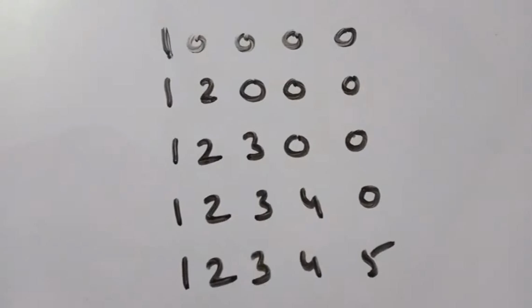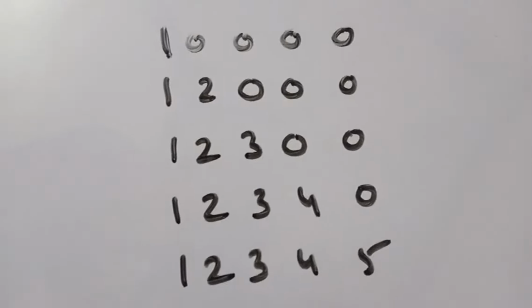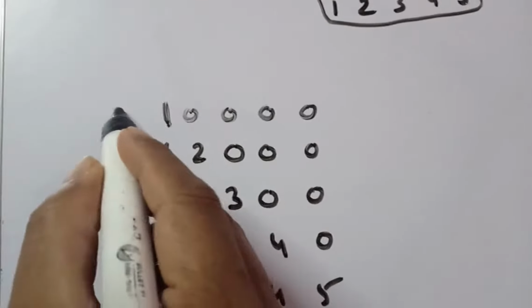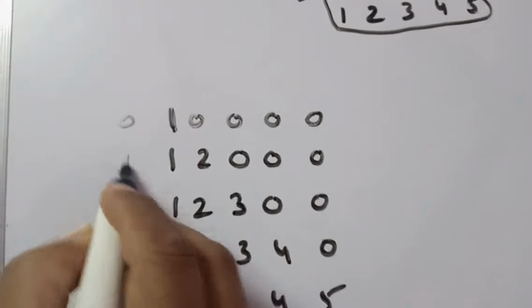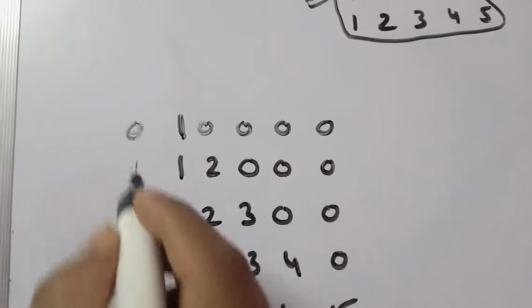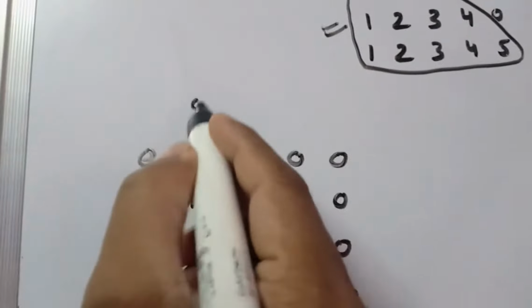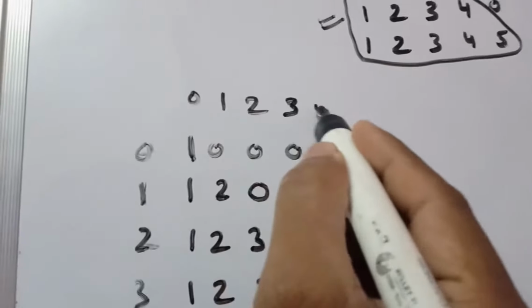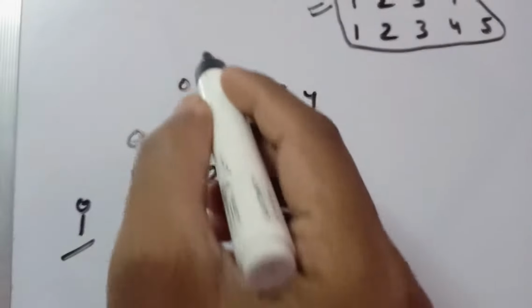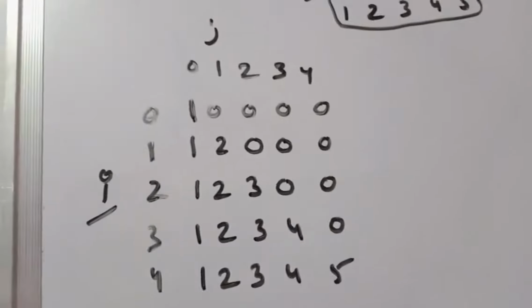In this pattern, we'll create the matrix here. The addresses will be 0, 1, 2, 3 and 4, and addresses 0, 1, 2, 3, 4. These are the rows represented through I, and these are the columns represented by J.